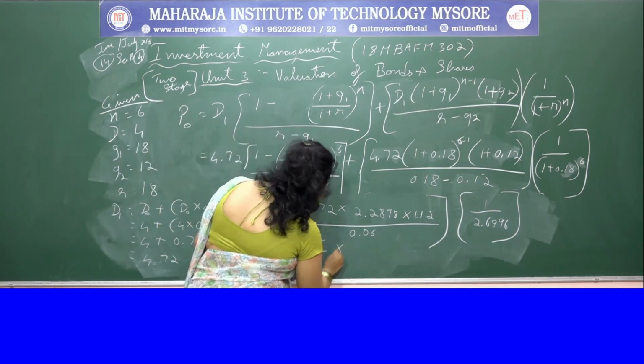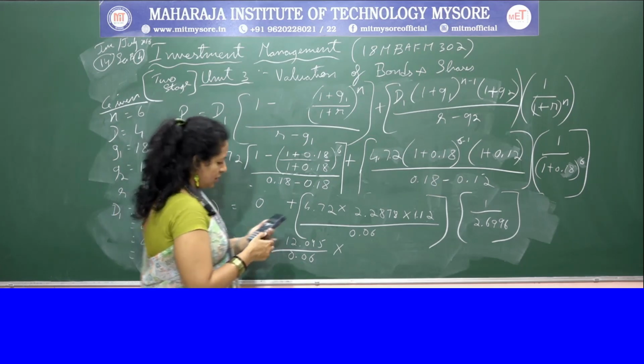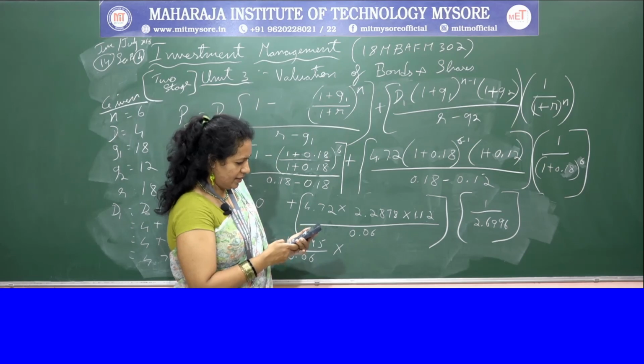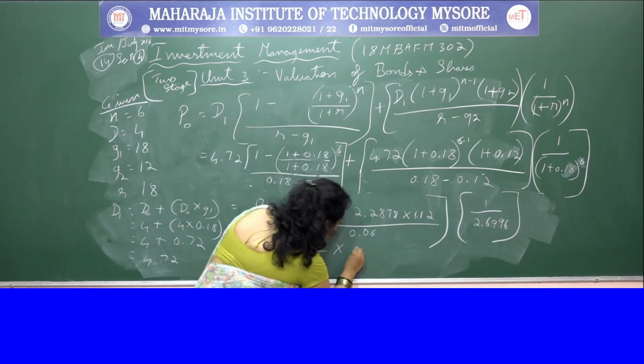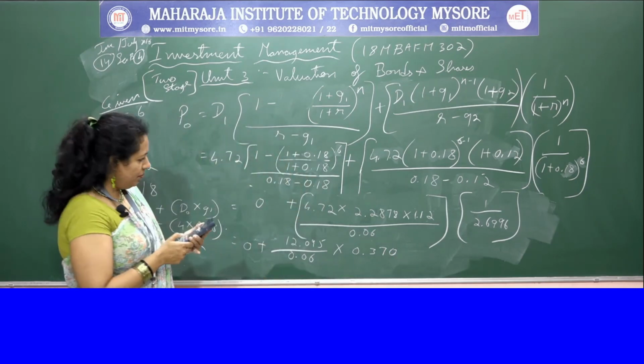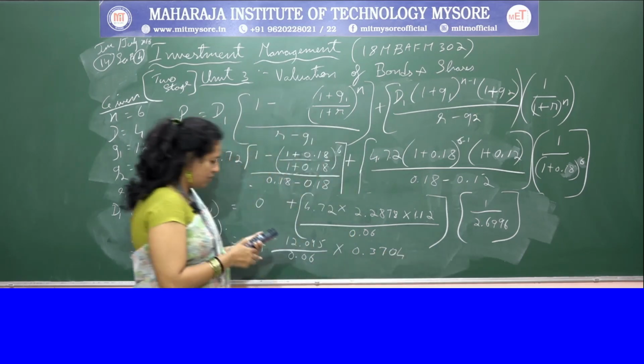Okay, into, this is 0 plus, I'll write neatly, 0 plus 1 divided by 2.6996. You get 0.3704. If you want to take 4 digits, you can take 4 digits.